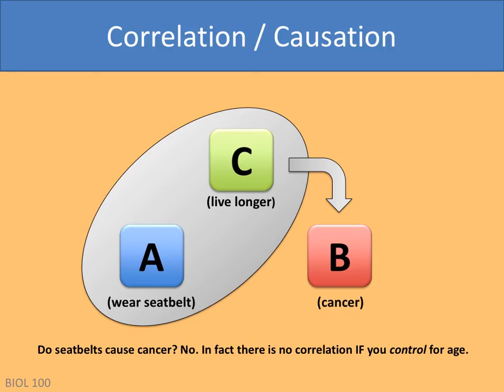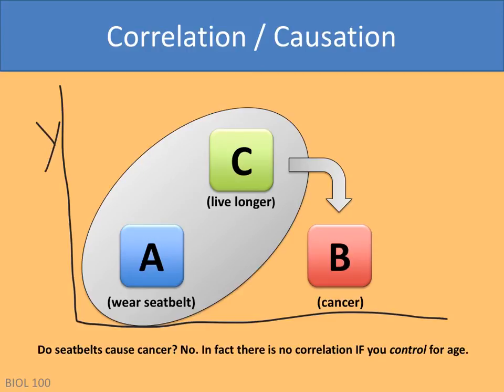Okay, so here we are. Here's the actual diagram. And you can see what you might say is correlated. If we were to put our graph together here, you wear a seatbelt, you live longer, so we'll just say this is years up here, and the number of times you wear a seatbelt.